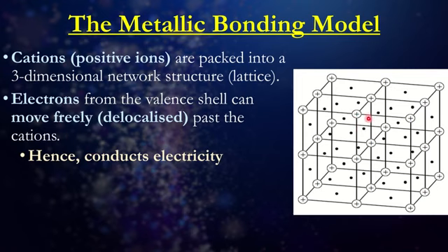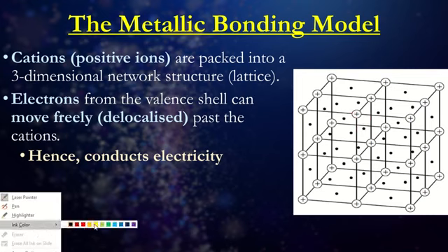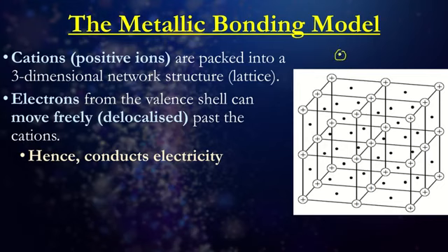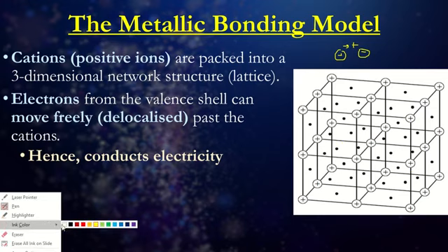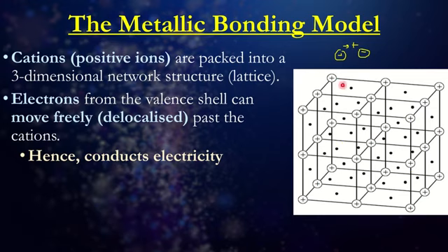If you remember from our understanding of forces, if you have a positive charge and a negative charge together, they will try and attract towards each other. So that's kind of the reason why metals are held together in a giant packed lattice or big solid, because the negative electrons and the positive cations of the metal try and get more attracted towards each other.